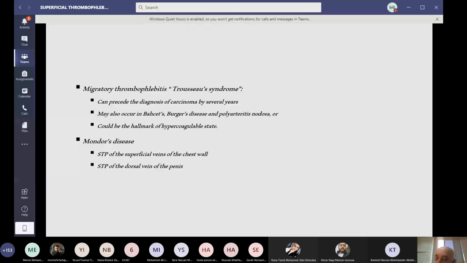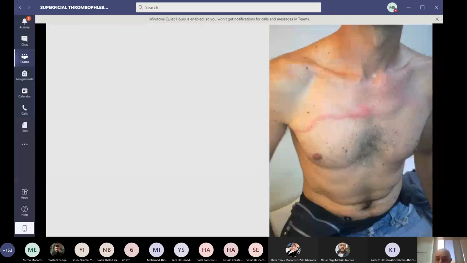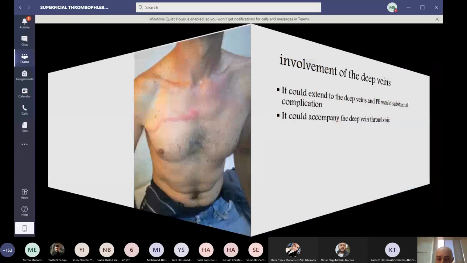They don't have a special attention except their name, which is given through history. This is Mondor's disease, and as we see, there is a thrombosis of one of the superficial veins in the chest wall, which appears red and cord-like, and if we palpate it, it will feel like a cord, and of course it is tender to palpation.